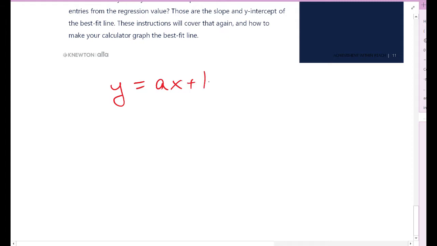Now, what you'll see sometimes is people put a hat on top of that Y. And what that means is that we can actually use this best fit line to predict new values that are not in the original data set.